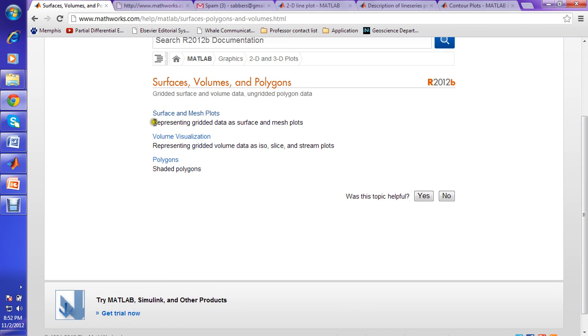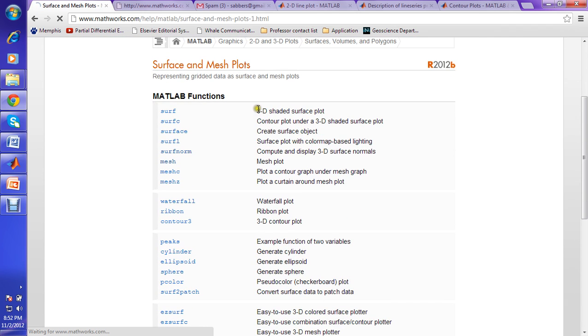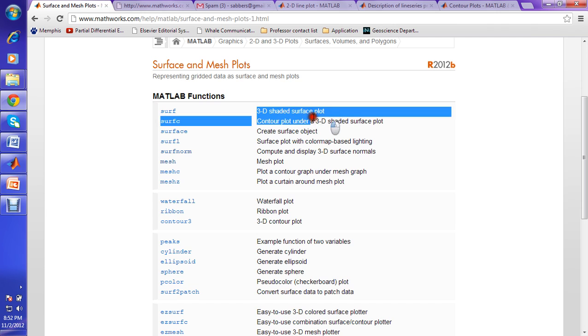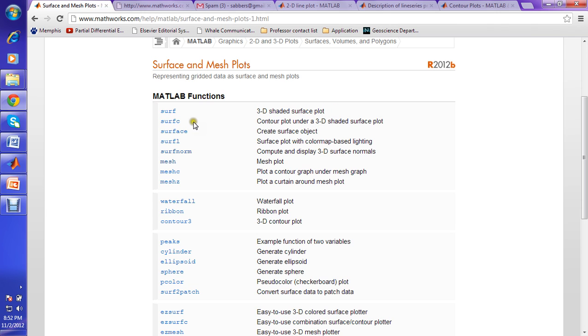So we are interested here in representing gridded data as surface and mesh plots. What is a 3D shaded surface plot? It is a very important thing. How can we represent a 3D plot with a surface?